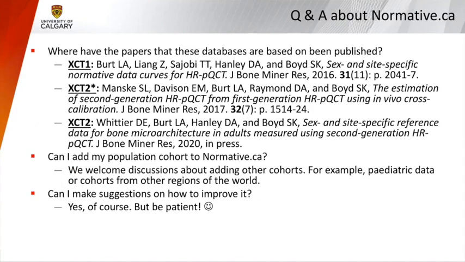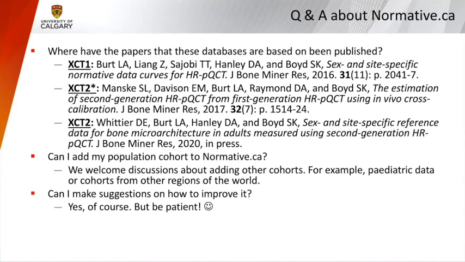The databases that underlie normative come from 3 different publications that are listed here. The first generation was from a publication in JBMR in 2016. The second generation data set was based on extrapolating what a first generation data set would look like, estimating second generation data.